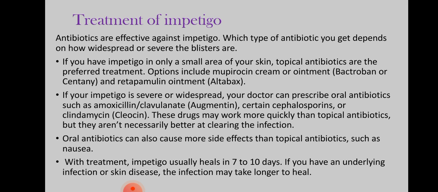Oral antibiotics can also cause more side effects than topical antibiotics, such as nausea. With treatment, impetigo usually heals in 7 to 10 days. If you have an underlying infection or skin disease, the infection may take longer to heal.